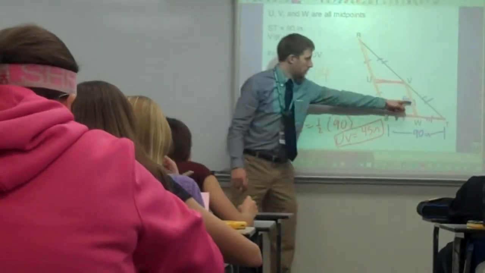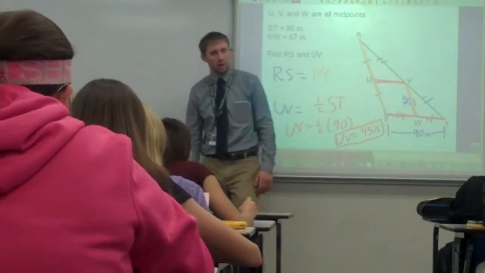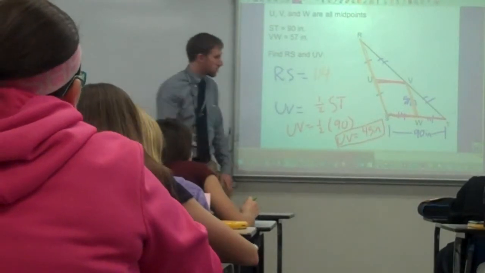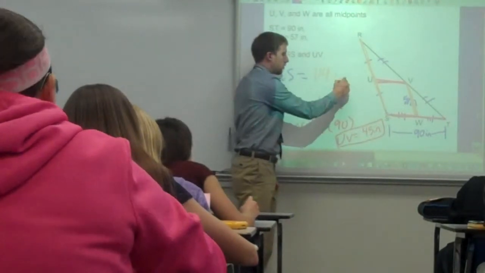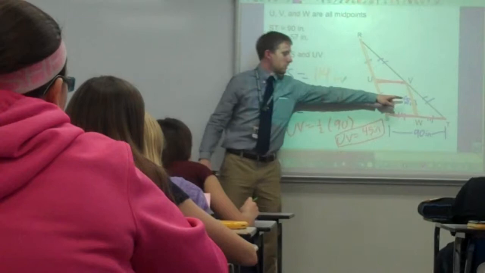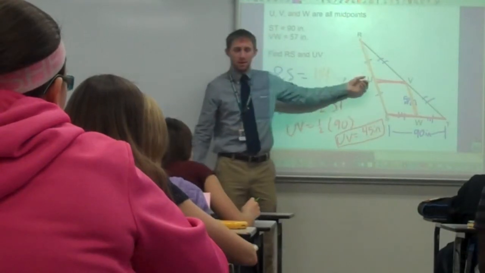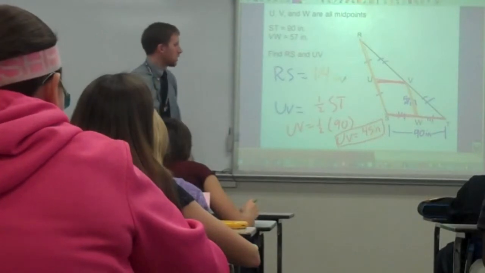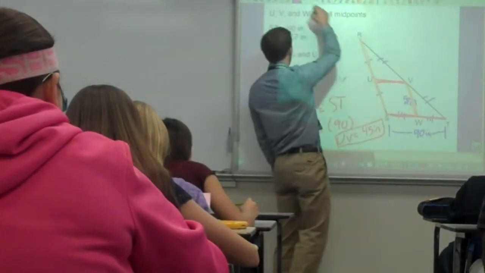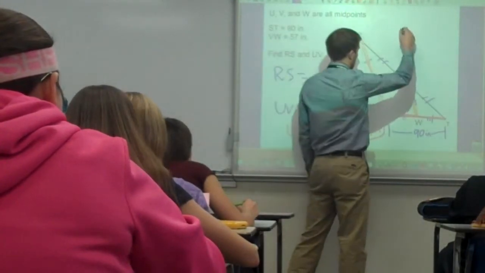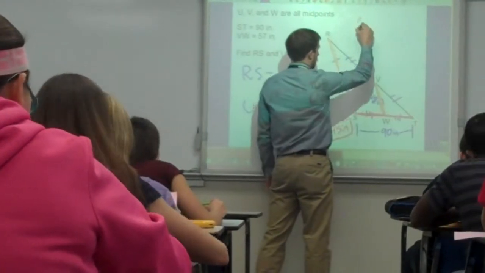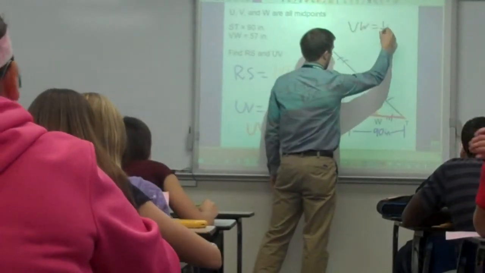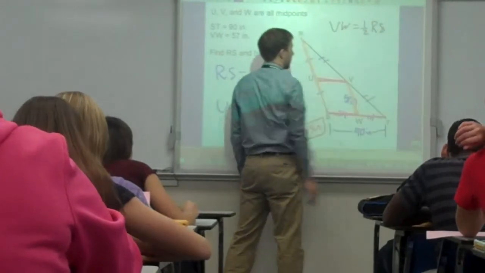Peyton said that VW is equal to US. It is, just because this equals half the length of this, and that's a midpoint, so it's half that whole length anyways. So she multiplied it by 2, right? So our equation, I'll write it in black now since I don't have the color, is VW equals 1/2 of RS.